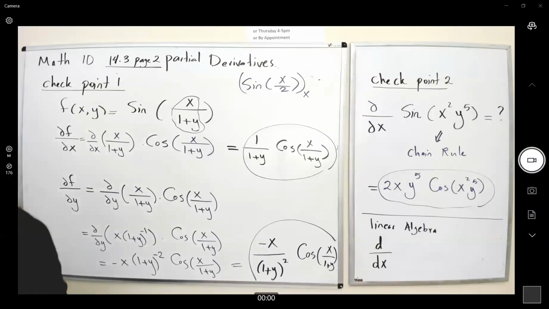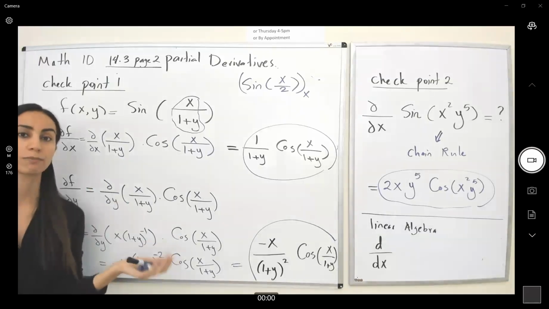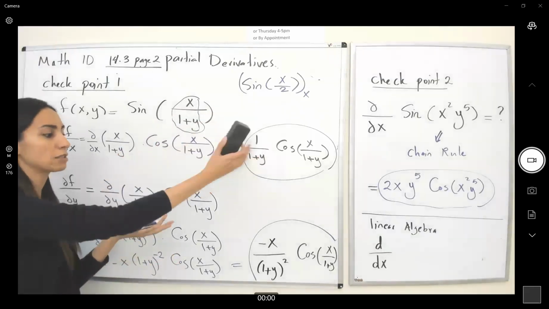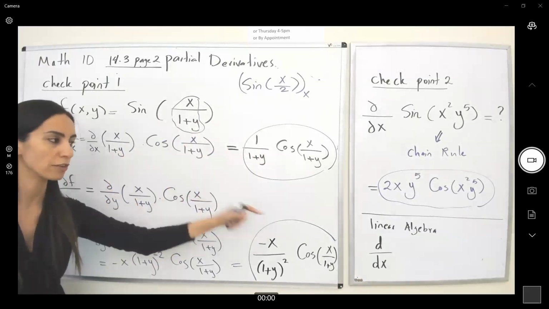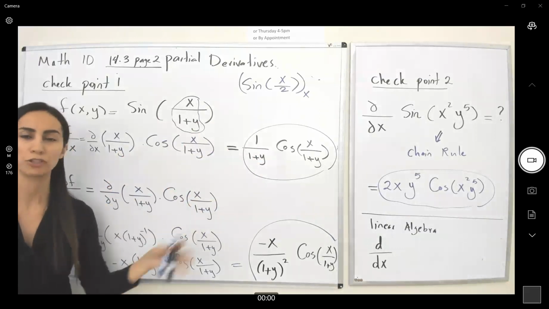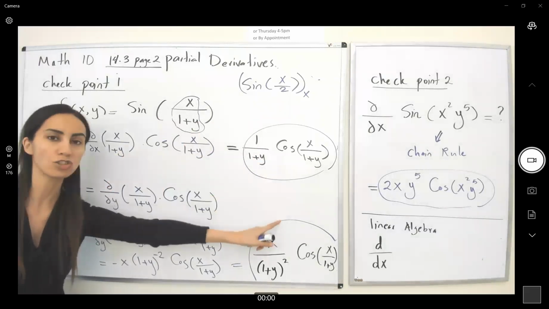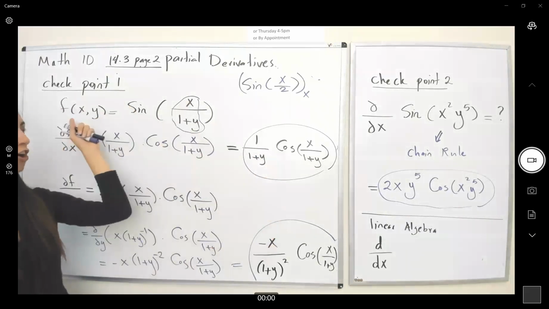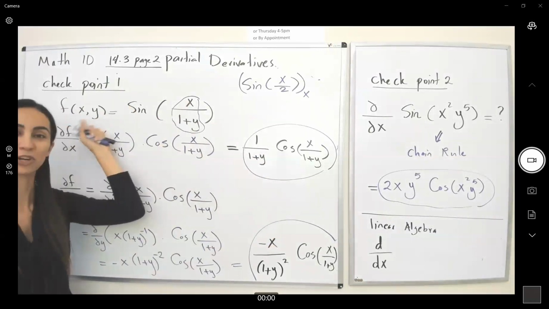Very well. So I expect you to ask, well, Professor, you took the derivative with respect to x, you took the derivative with respect to y. Now you're creating some new functions. Can we take the partial derivative of these new functions? Of course. You can continue this process. Since you have new functions, you can take the partial derivatives of these functions and actually define the second partial derivatives of the original function.